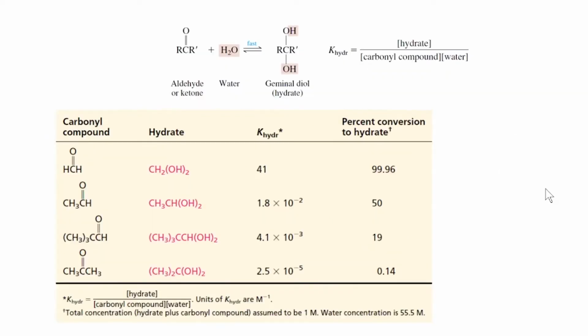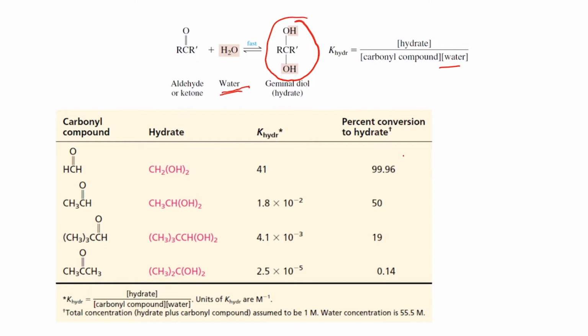The way you would do this is you take the aldehyde concentration and water concentration, and like I told you, this is an experimentally measurable value, and then you divide and you get the K hydration. From this K hydration, if you assume that the concentration of water is 55.5 molar, you can find out the percentage of conversion to hydrate.